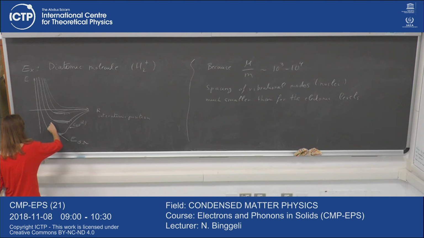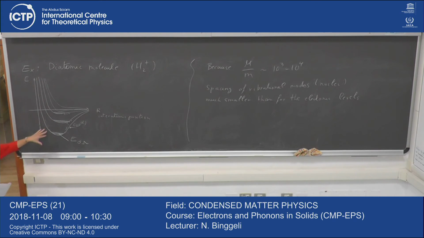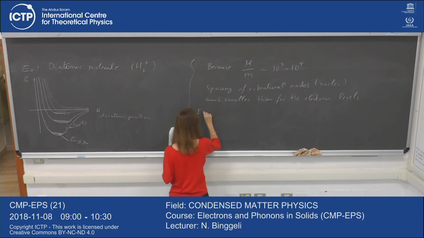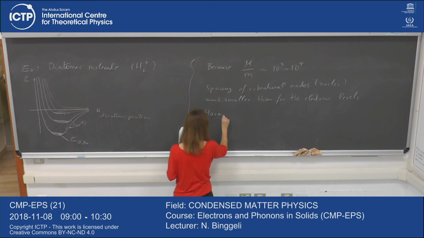So if I consider that my potential, in the region that is relevant, near the minimum, is a parabola, then I know how to solve the equation. This is to show you the harmonic oscillator.